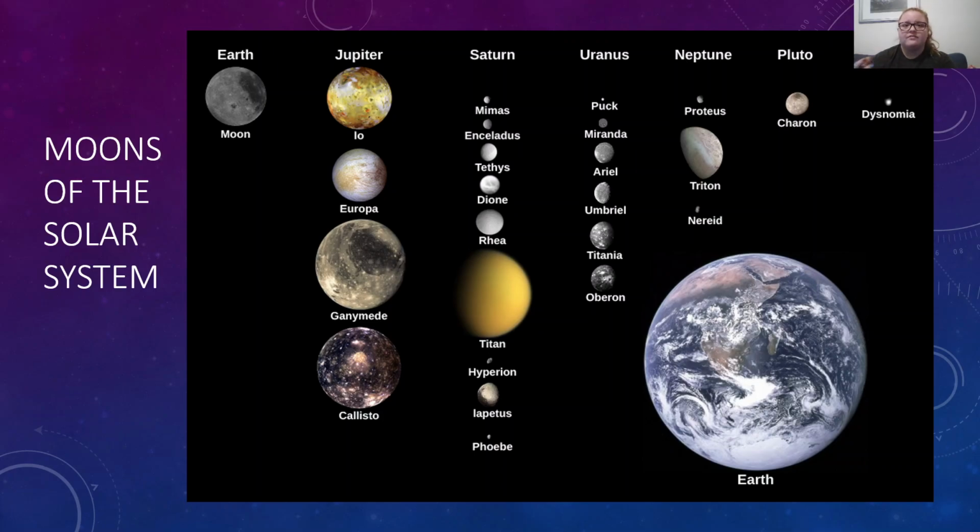They don't all have to be such a large size compared to their host planet, which for us would be the Earth and Moon system. It's actually pretty, I don't want to say similar in size, but they are closer in size than, say, Io and Jupiter. So it's kind of interesting to look at those differences.